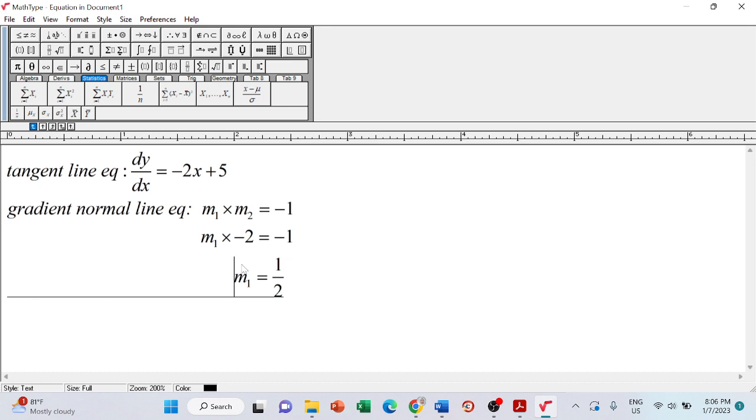So M1 is the gradient for the normal line.